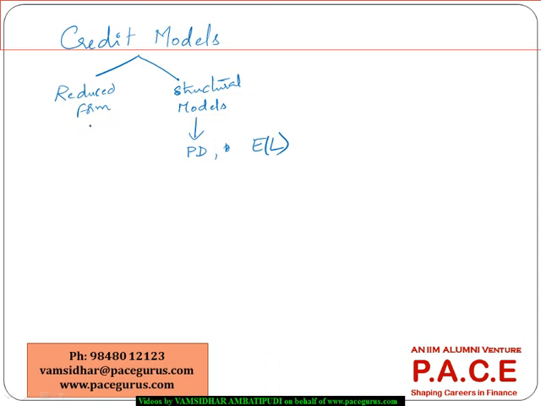Whereas the reduced form models don't estimate the probability of default, loss given default, etc. But they simulate the default times. We'll take a couple of examples of the same. They simulate the time to default.